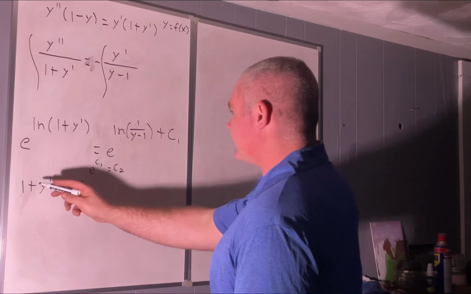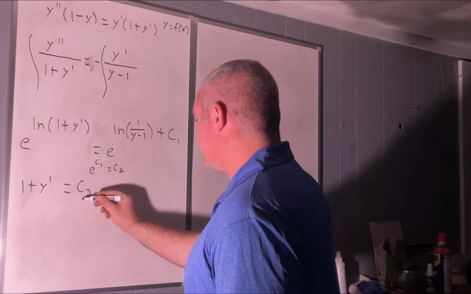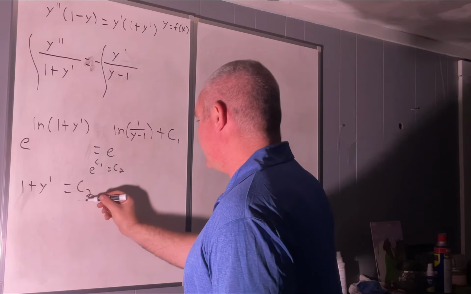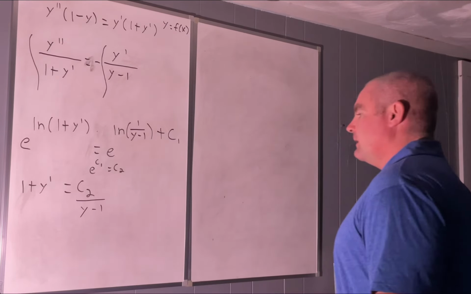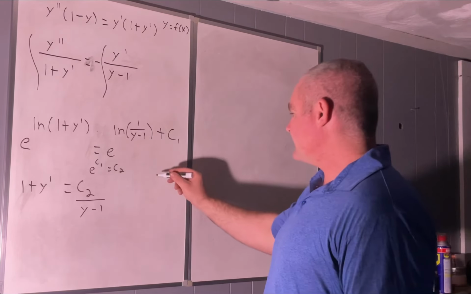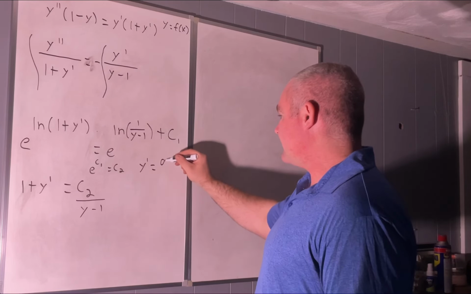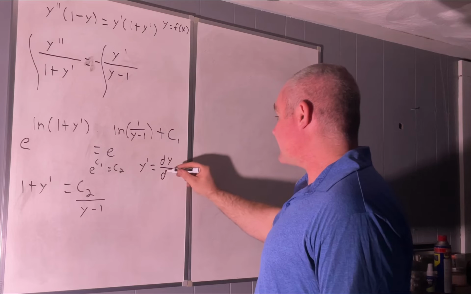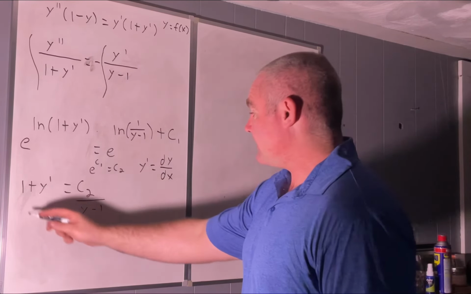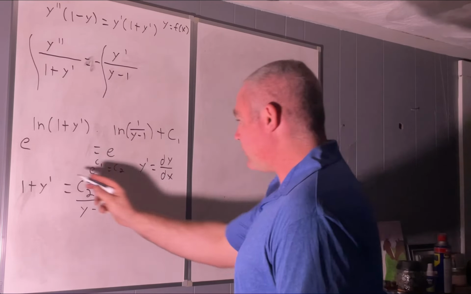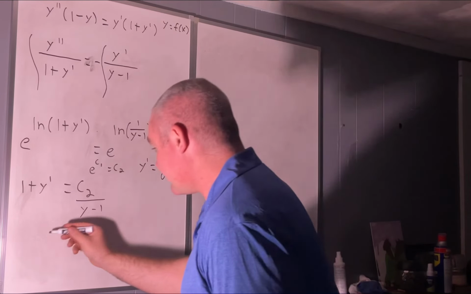So this is going to give us 1 plus y prime is equal to c2 over y minus 1. Now we'll note that y prime is simply the derivative of y with respect to x. Let's rewrite this again. I'm going to keep this y prime on the left-hand side, but I'm going to call it dy dx.